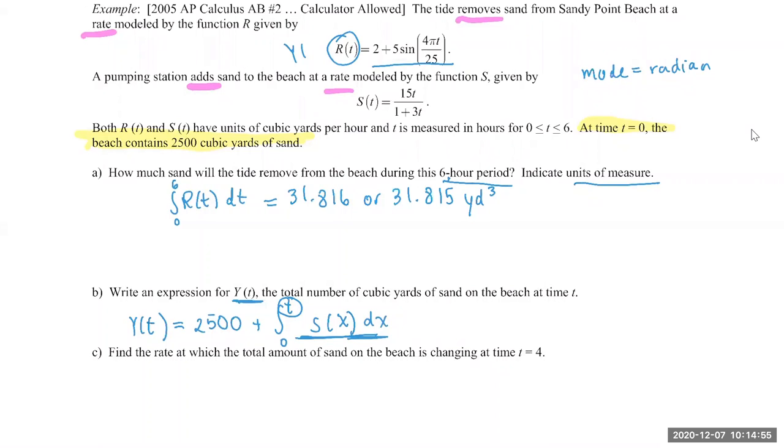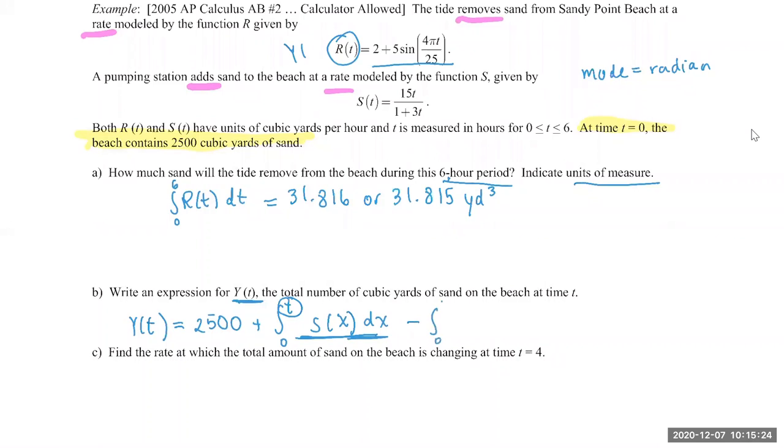Okay, would you want to add the amount of sand that is being removed, or would you want to subtract the amount of sand being removed? Would it be addition next or subtraction? So we want to subtract the amount of sand that you are removing from the beach so that we can get a live idea of how much sand is on the beach in current time.